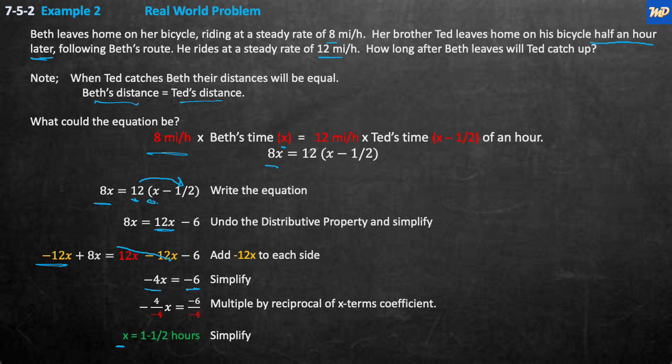Okay? So that's simplified, 1.5 hours. So x will be Beth's time on the road, 1.5 hours. And according to this equation, Ted left a half hour later, so he's going to be traveling 1 hour, and she's going to be traveling for 1.5 hours, and they'll go the same distance.